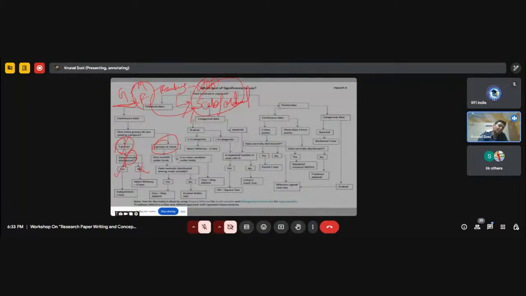If two groups are there and the data turns out to be normal, you need to apply independent sample t-test. And if your data does not turn out to be normal, although they have two groups, you need to go for a non-parametric test. And the non-parametric version of independent sample t-test is Mann-Whitney U test. I hope it is clear.